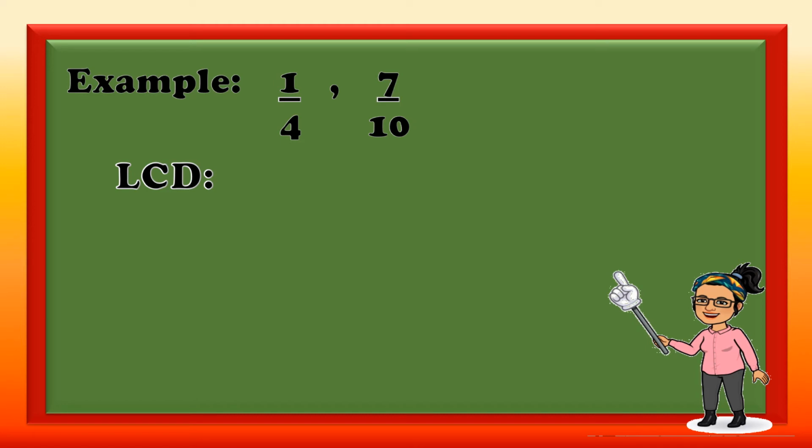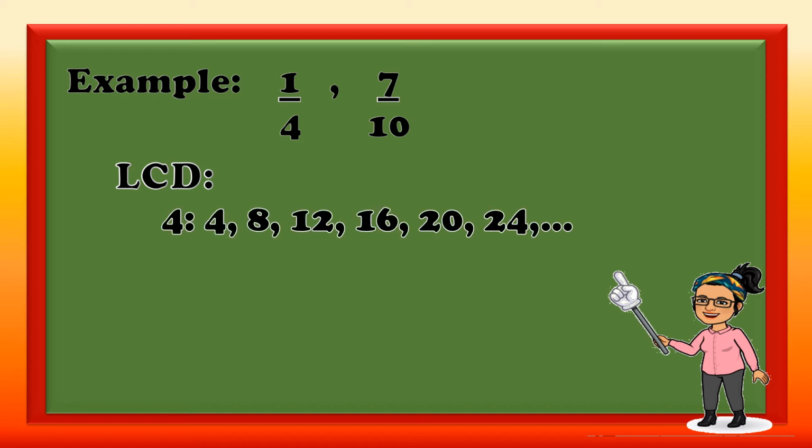Okay? So let's get the multiples of 4. We have 4, 8, 12, 16, 20, 24, and so on. For 10, we have 10, 20, and so on. By looking at their multiples, we could see that the least common multiple is 20.